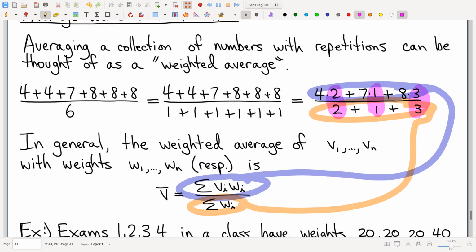How many times did the 4 appear? That 2 shows up in 2 separate places, one in the numerator, one in the denominator. Likewise, the multiplicity of the 7 shows up in the exact same places. The multiplicity of the 8, how many times did the 8 show up? Shows up again in the exact same places.